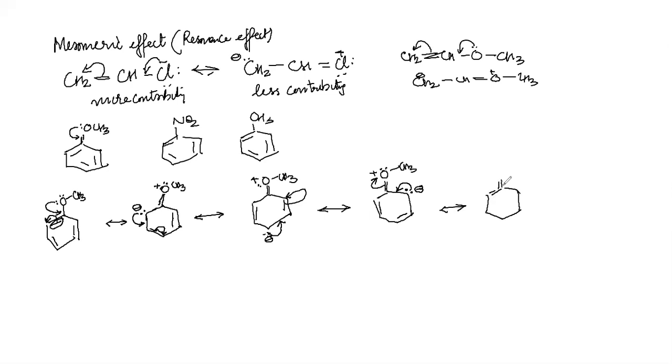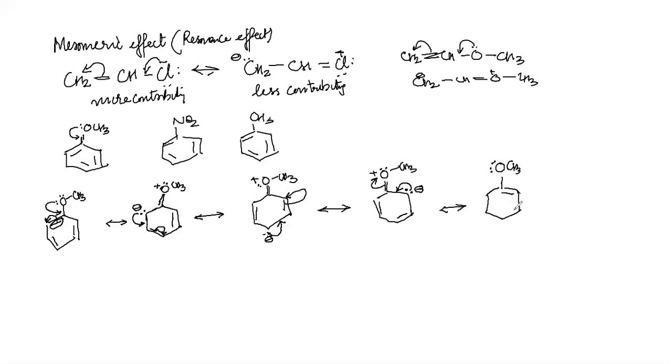You get the double bond back, and a single bond here, oxygen CH3 with 2 pairs of electrons. There is one thing which I have to make a little more clear here. The double bond is getting shifted to the other side. That you have to remember.